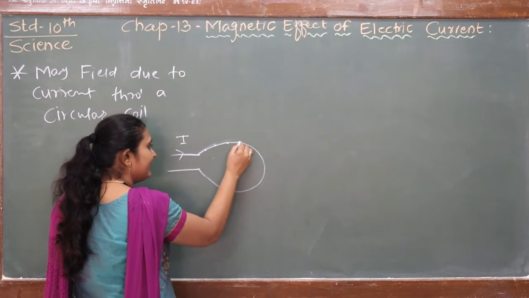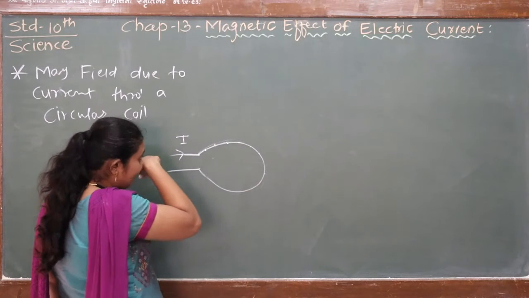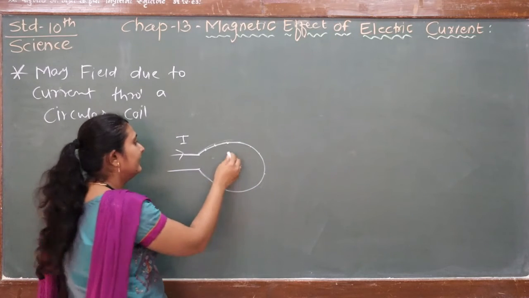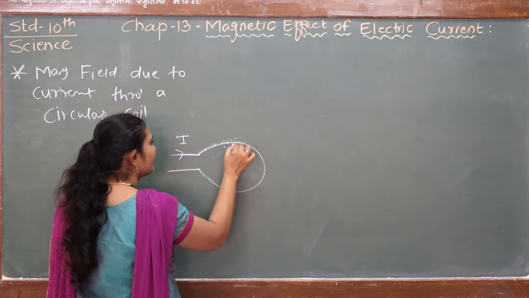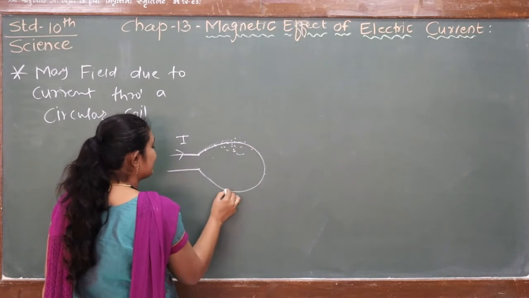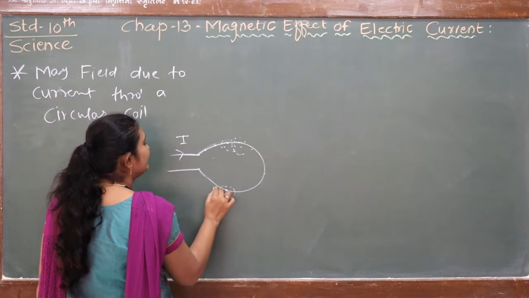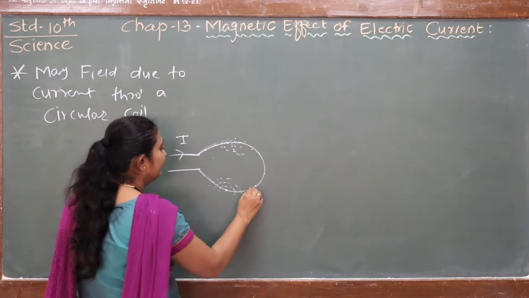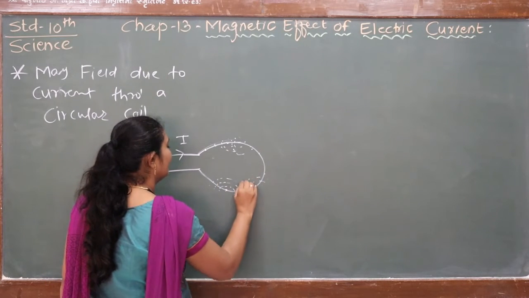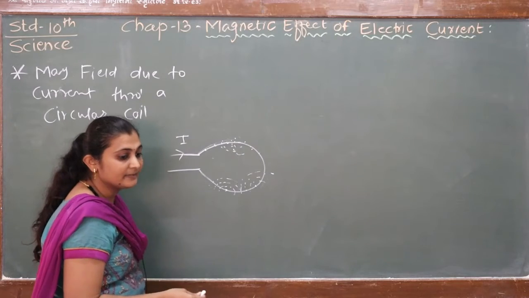Consider these points. On every point magnetic field is created like concentric circles, and these circles increase. Suppose consider this point, then these are the concentric circles. Consider this point, then here also concentric circles.